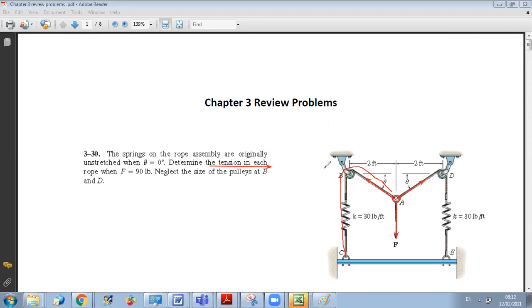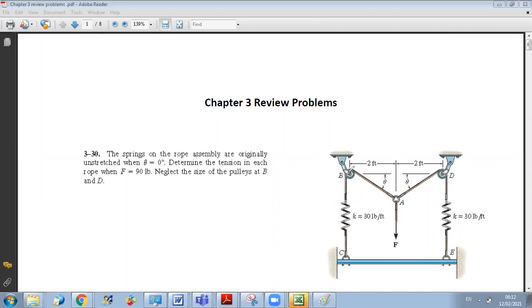Okay, so here you have, it's like one cable if you want. So the tension here will be equal to the tension developed by the spring. Okay, and the tension developed by the spring is due to its stretching. So this will give you an additional equation, since you know that the tension developed by a spring can be calculated from K times delta L. And delta L is due to what?